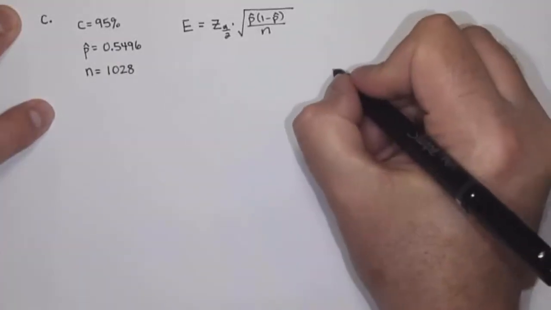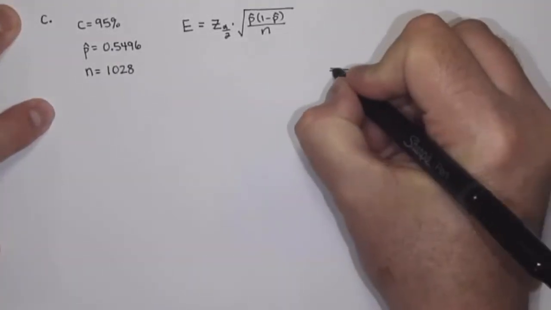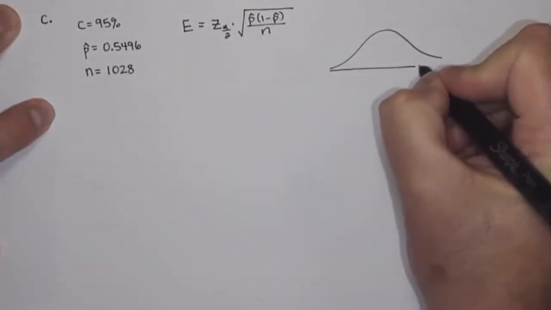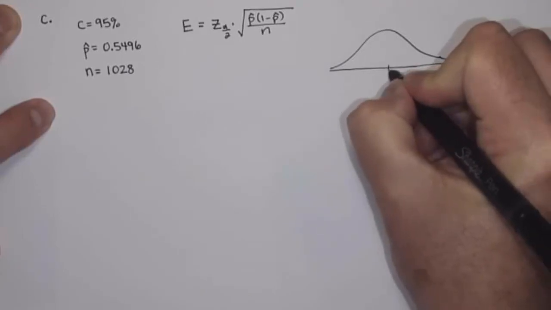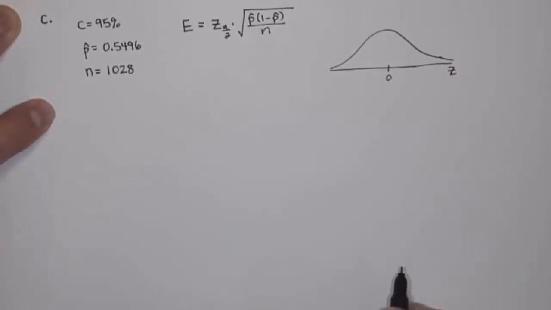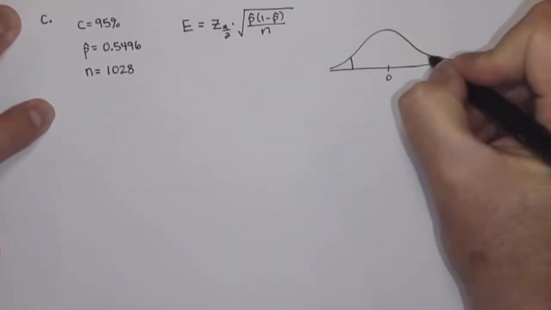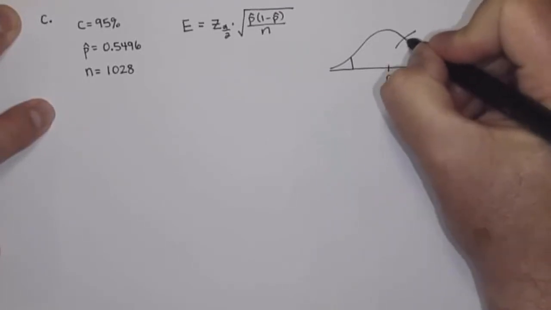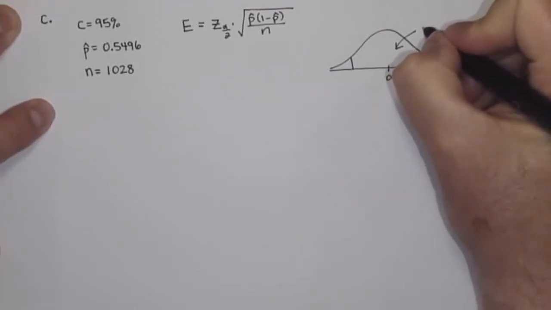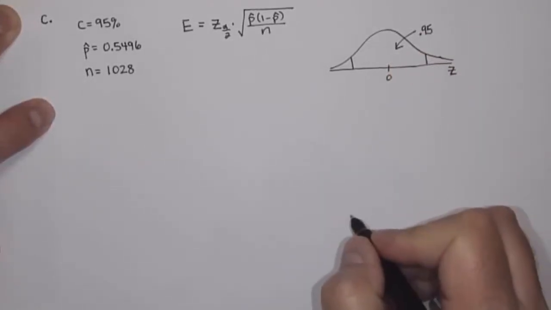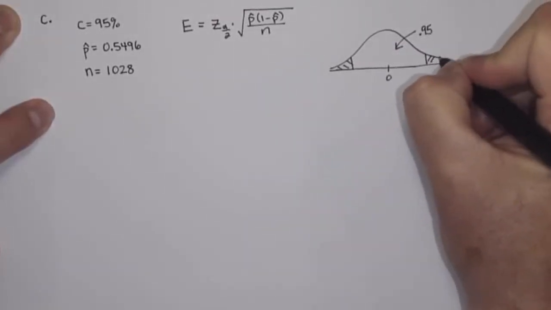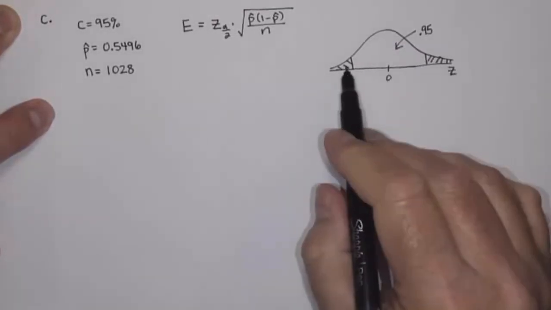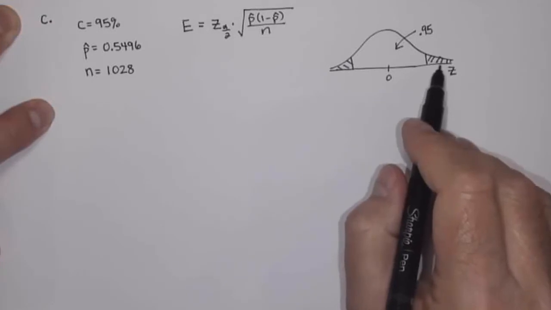So I need to figure out what this z value is that's going to be connected to this 95% level of confidence. So I'm thinking about a normal distribution, specifically a standard normal distribution. So 0 is here in the center. And I need to find the z values so that this area here in the middle is 95%. So that area needs to be 0.95, which means the area in the two tails makes up the other 5%.